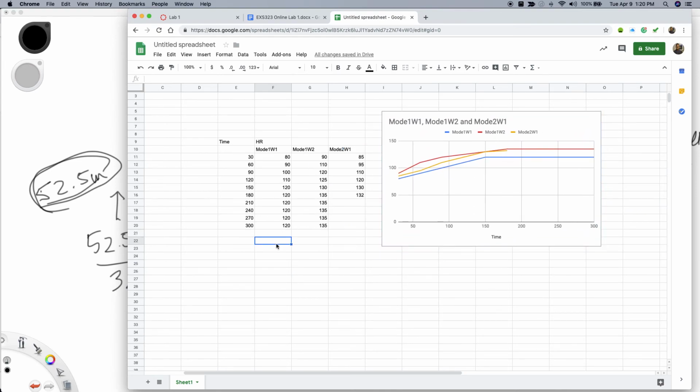And we can go to just H16. I'm just going to highlight the ones that we collected data on, H11 to H16. Okay, so now we have these different average heart rates.